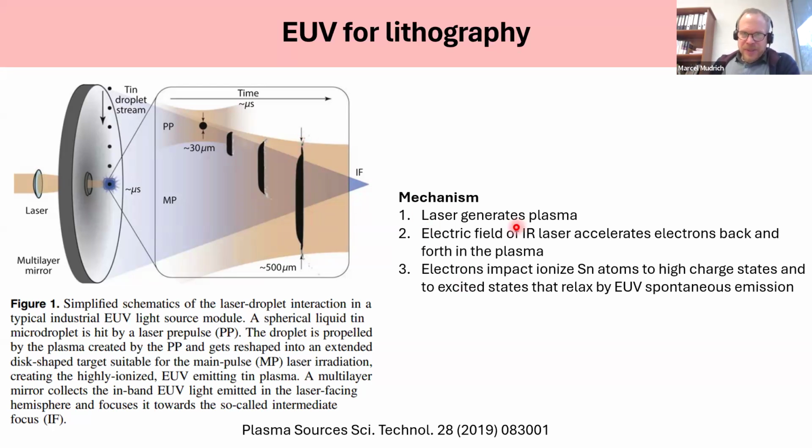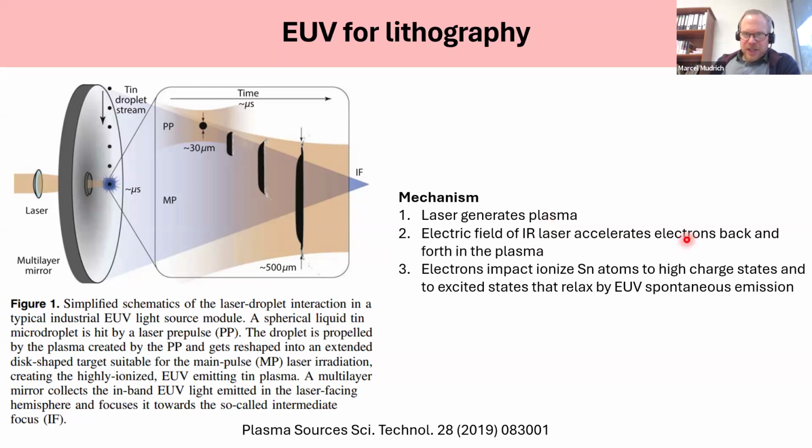So the mechanism is the laser generates a plasma. Plasma means electrons are detached from the core atoms, but still collectively bound to all the positive charges in the plasma, but free to move, such that the electric field of the infrared laser now couples to the electrons.